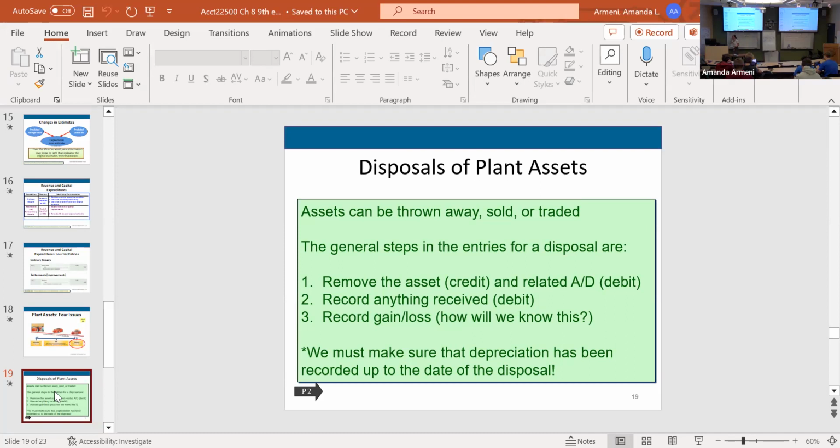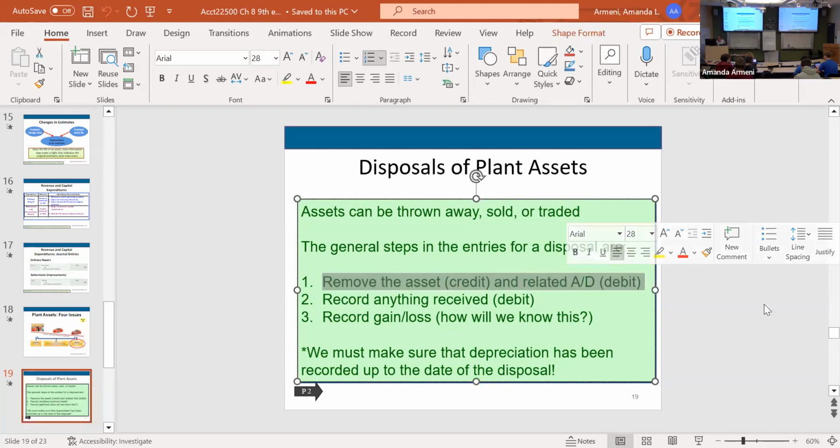And so the way that we are going to do that in general form is, one, make an entry in our accounting records to remove the asset and the accumulated depreciation. We said that over time we depreciate this asset and we have this accumulated depreciation contra asset account, and it has all of the depreciation that we made to that asset for the whole time we were using it. That accumulated depreciation I told you is linked to the asset.